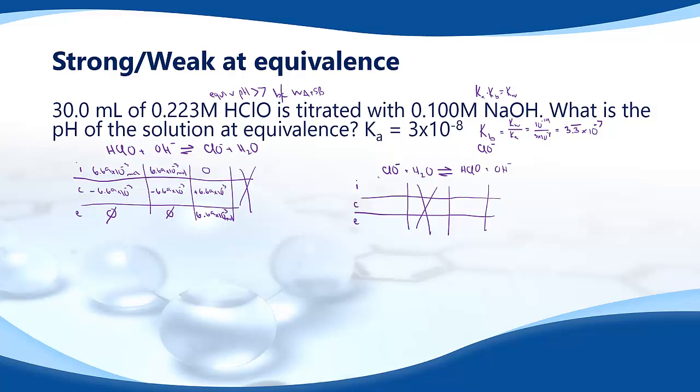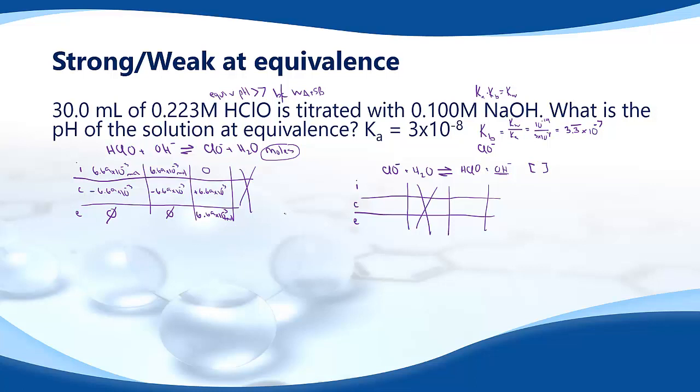Now, the trick with this, though, is because I want to do a pH calculation, my original was in moles, because moles for stoichiometry is a little bit easier. But here, I'm going to be doing a Ka or Kb problem. For Ka or Kb, I would rather be working in concentration. So I know the number of moles, I just have to divide it by the volume.